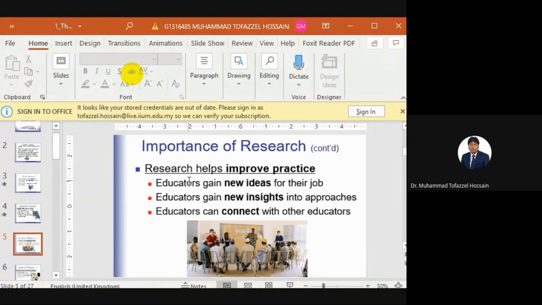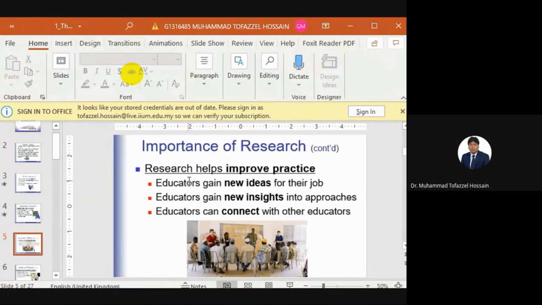It may provide you some new ideas. You can explore some new ideas. And if we know those ideas, we can use those ideas, that experience, for our teaching. In that way, we can improve our practice.